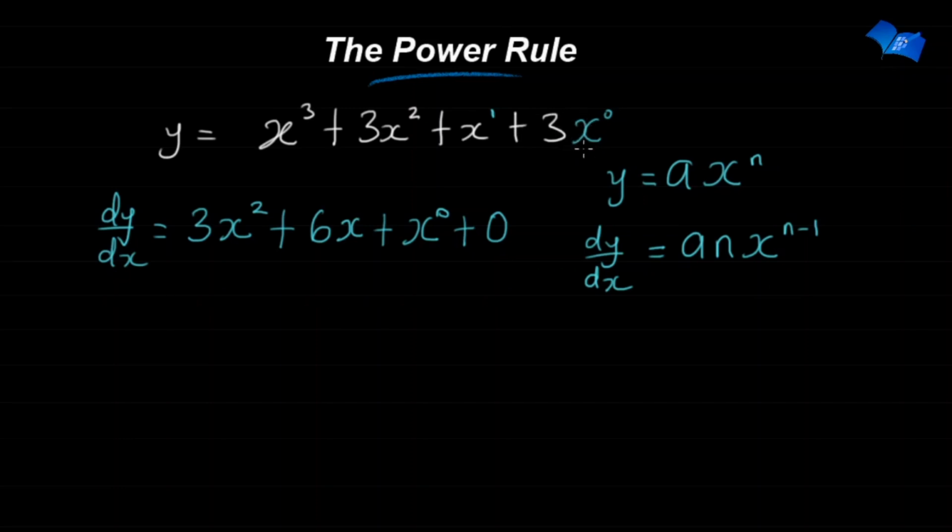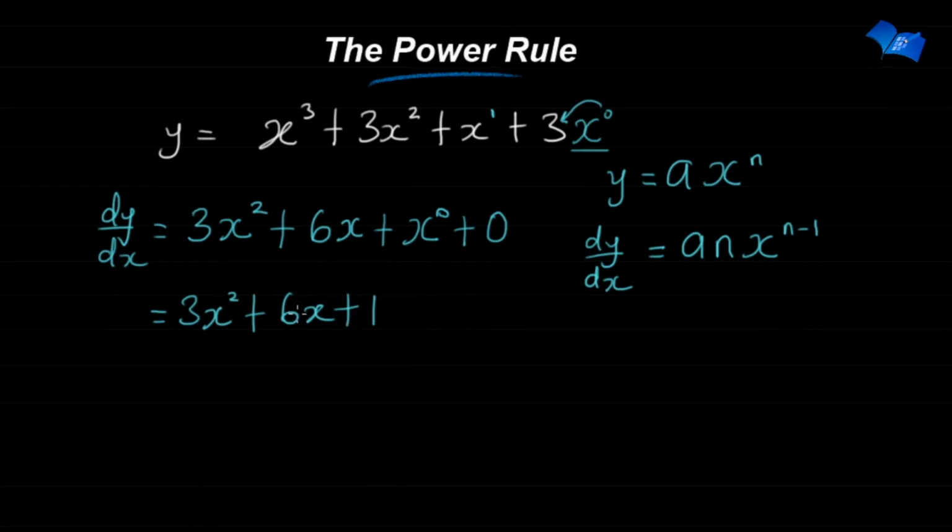Any term where the variable of differentiation is not attached to it is a constant term. For every constant term you will see that when you differentiate using the power rule, you will get 0. So this 0 will multiply whatever is here, and what you'll be getting will be 0. So anytime you see a constant, the derivative for a constant is 0. Okay, so this will be equal to 3x squared plus 6x plus 1 plus 0. So this will be the final answer.